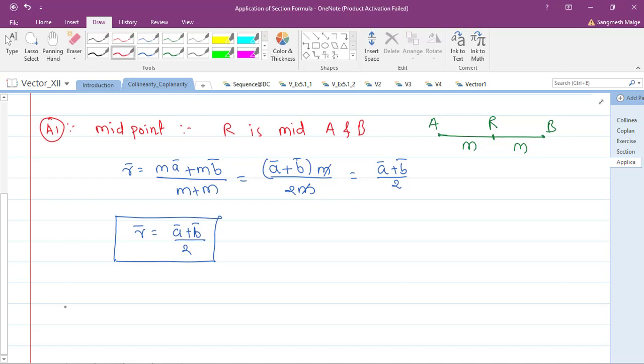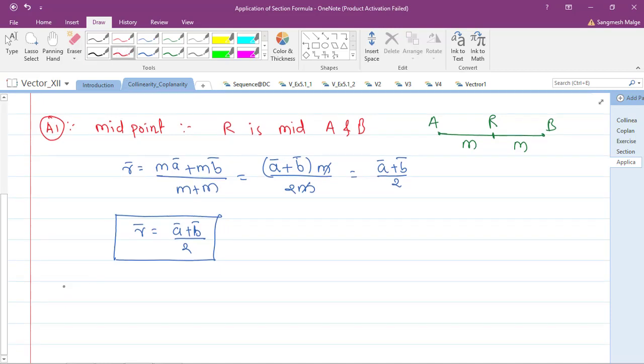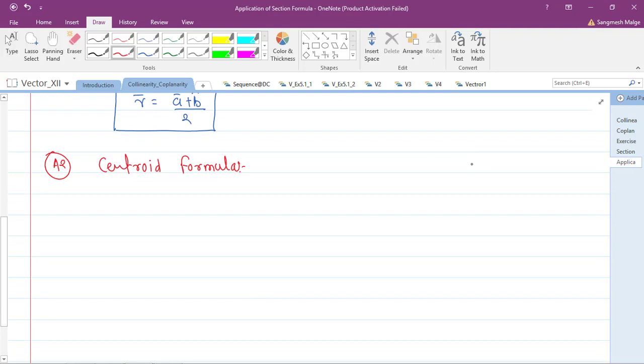Okay, next is application number 2, the centroid formula. So what is a centroid? Suppose you have a triangle here, A, B, C, and suppose I draw the medians of this triangle.